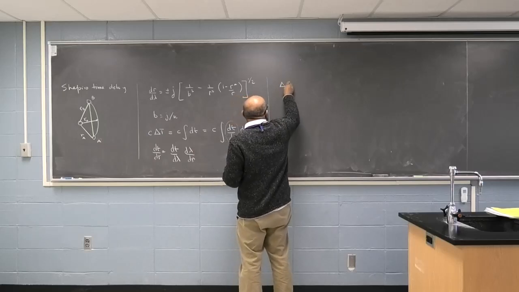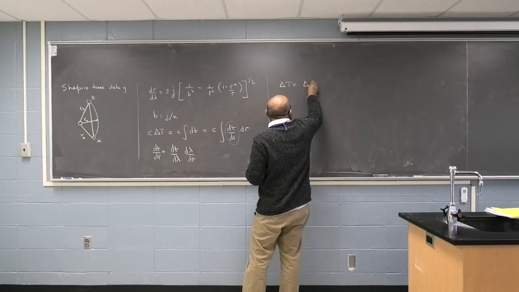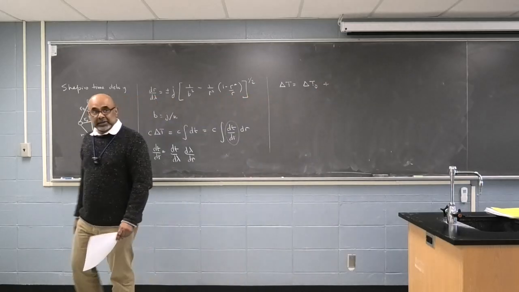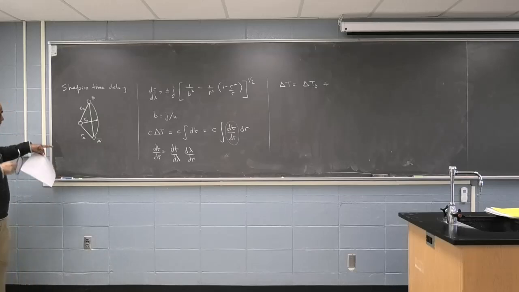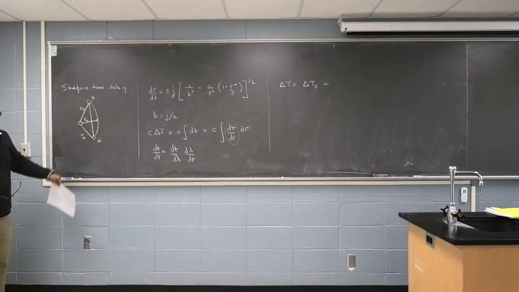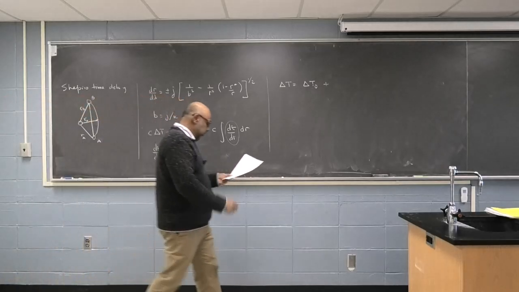I can write dt to be equal to dt0 plus. What do you think dt0 is? That of the straight path, plus the delay.